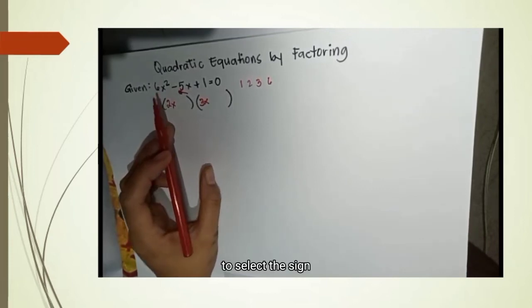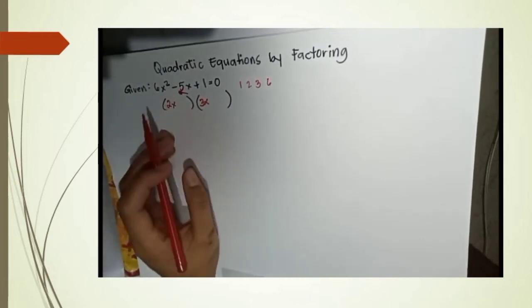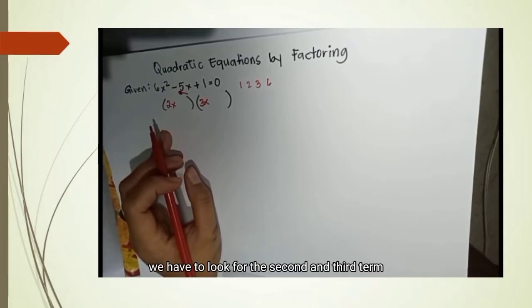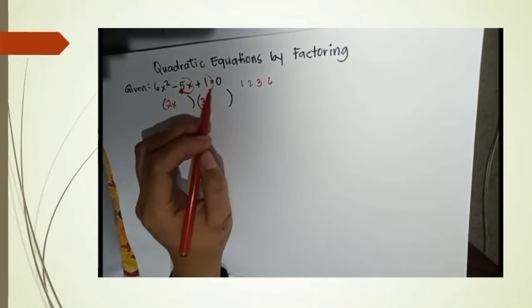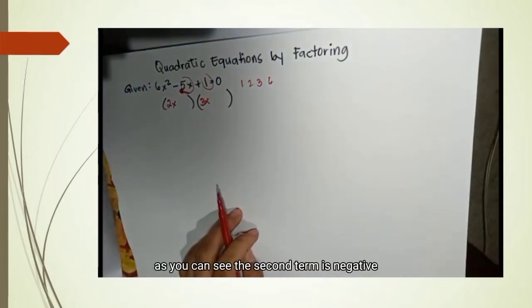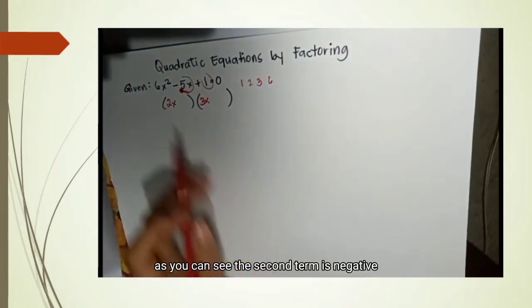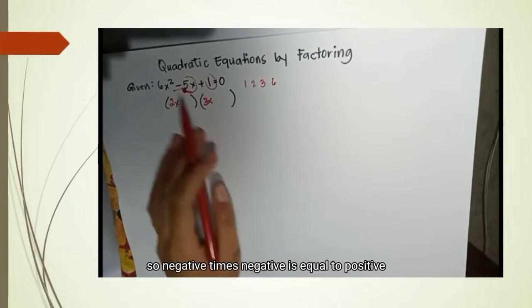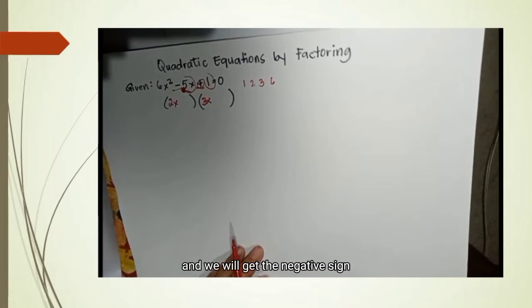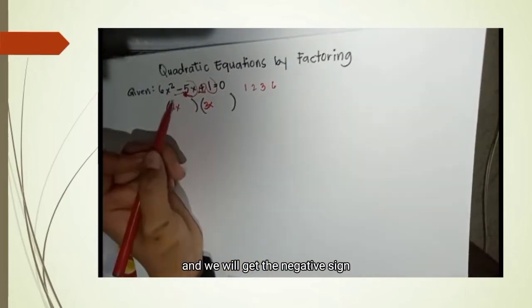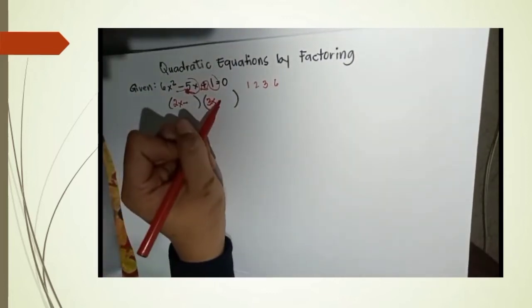To select the signs, we have to look at the second and third terms. As you can see, the second term is negative, so negative times negative is equal to positive, and we will get the negative sign.